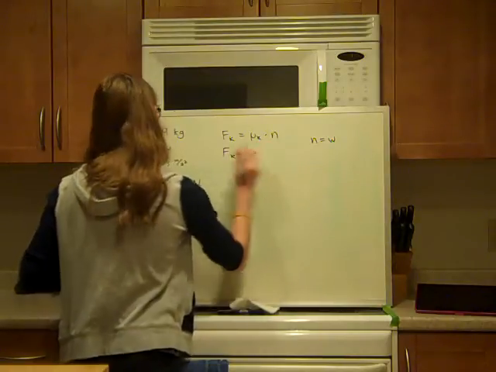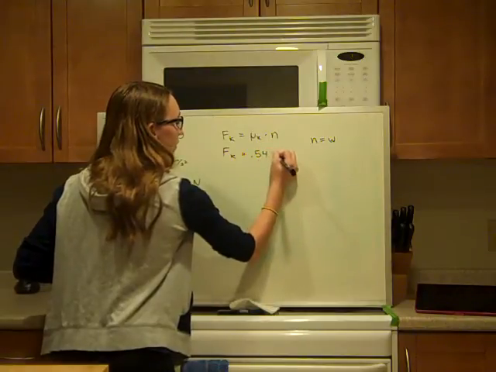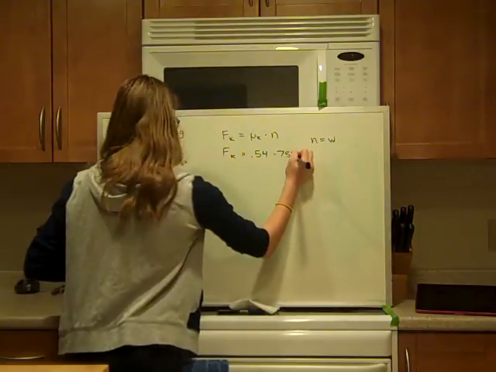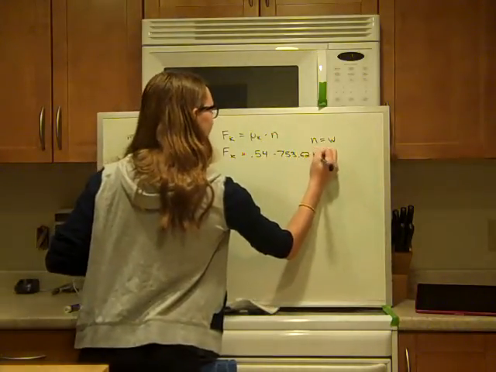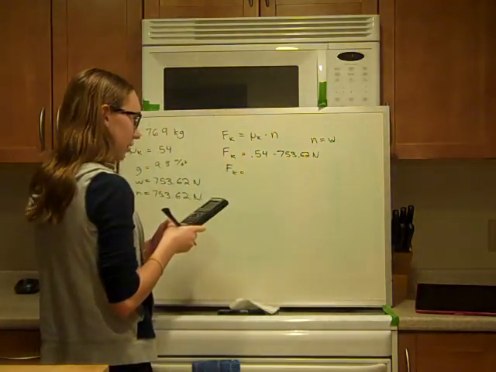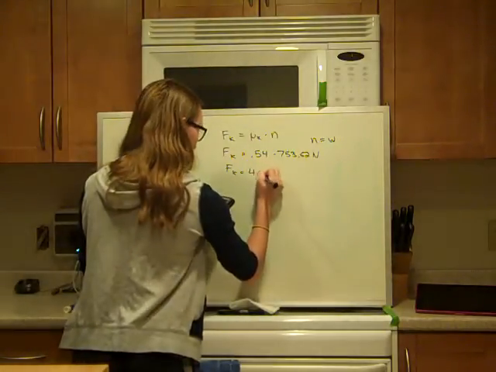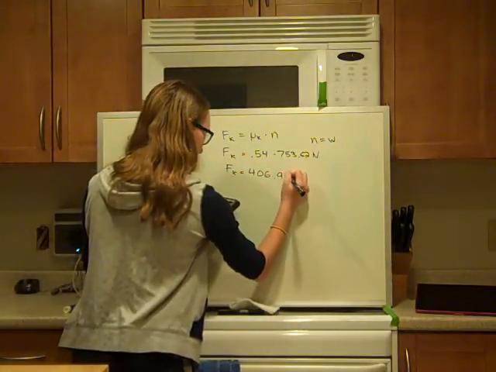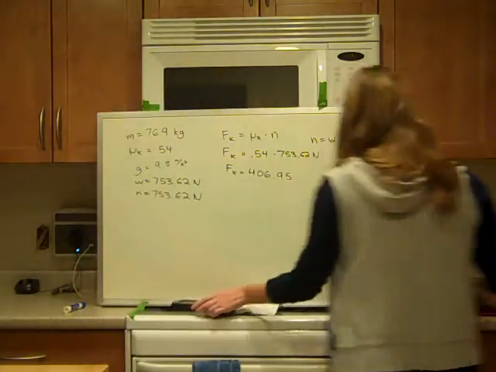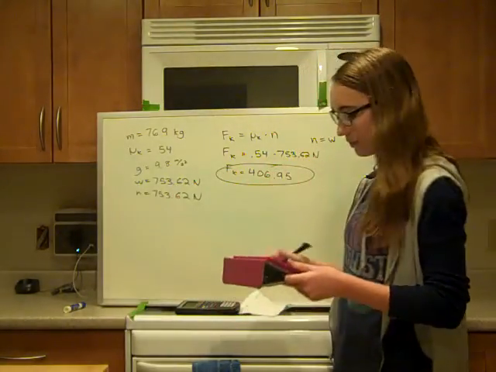Kinetic friction is equivalent to the coefficient of kinetic friction, which we know is 0.54, times N, which we know is 573.62 N. So the coefficient of kinetic friction is 0.54 times 753.62, which is 406.95. Alright, and so there's the part A answer.